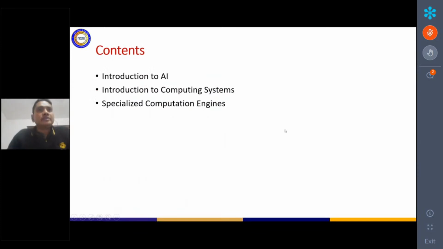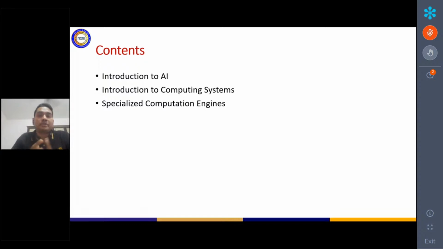So these are the contents of today's lecture. We will start with the introduction. We will see some applications of AI in modern days, just to get motivated in the beginning, and then we will talk about the computing systems from the perspective of AI.